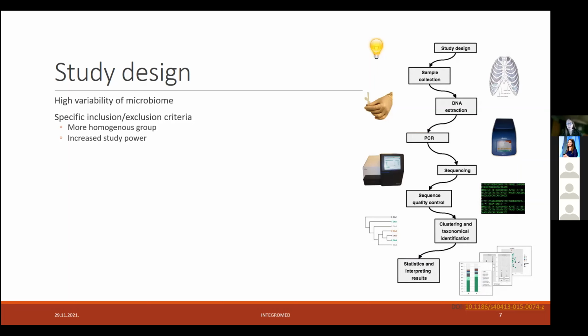We could exclude some patients who have been using antibiotics within the past 2 months, for example, or we could narrow down the characteristics of the disease that we are analyzing. So these criteria should be defined, as that's one way in which we can reduce this variability in our study group.